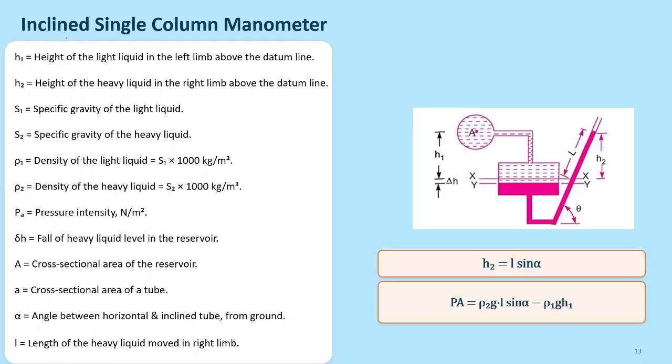So next is the inclined single column manometer. This is the diagram for the inclined single column manometer.